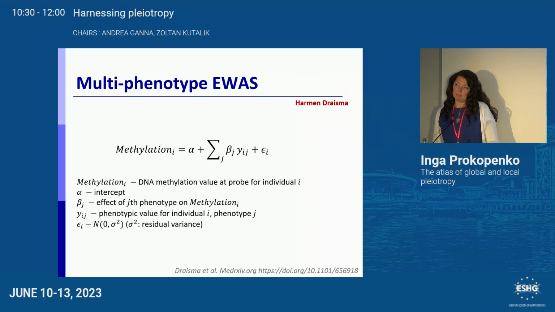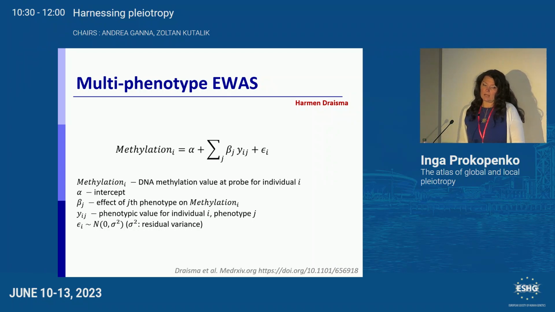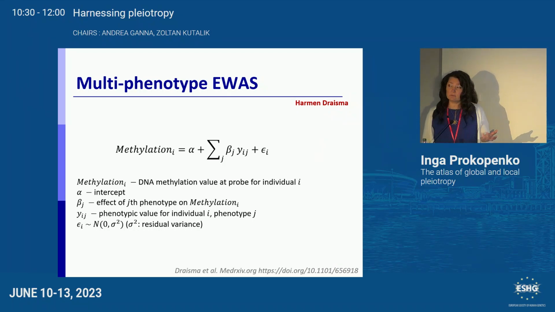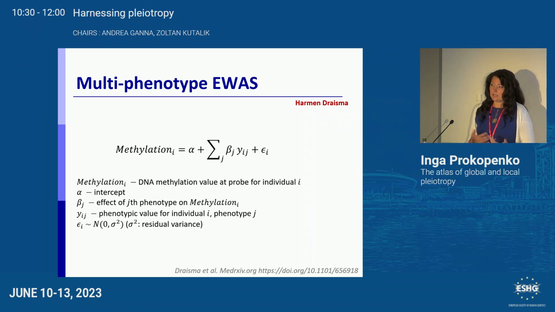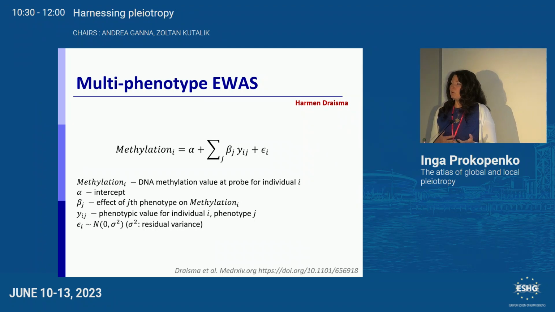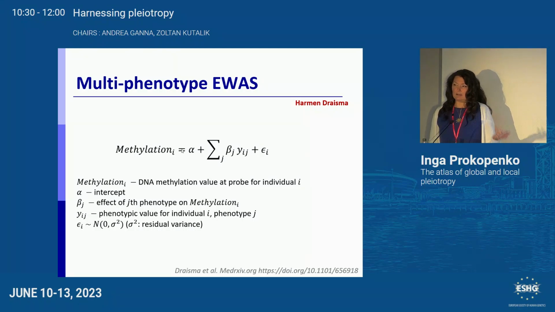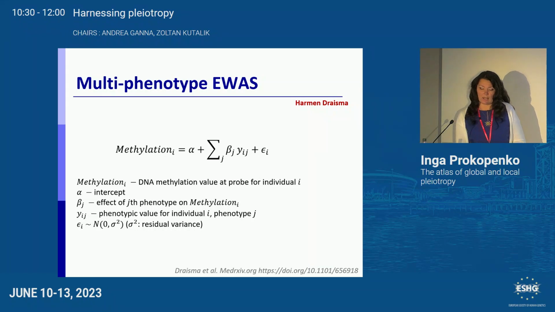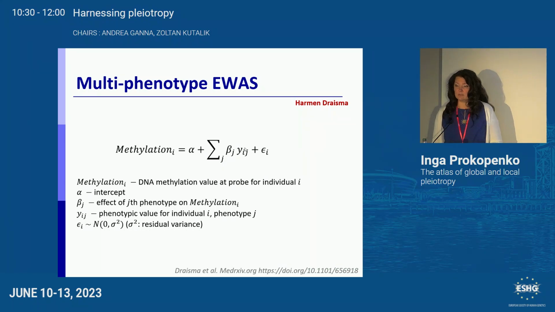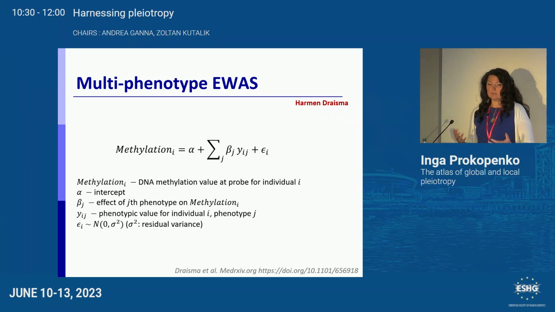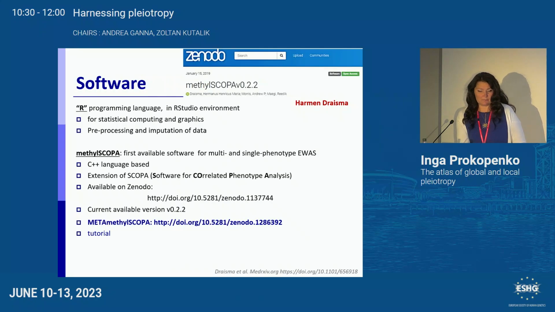So if we apply the same modeling and invent multi-phenotype EWAS, it is possibly even more plausible biologically, where we have methylation data on the left of the equation and our phenotype in individuals on the right-hand side of the equation, because in EWAS sometimes we discuss these effects in both directions.